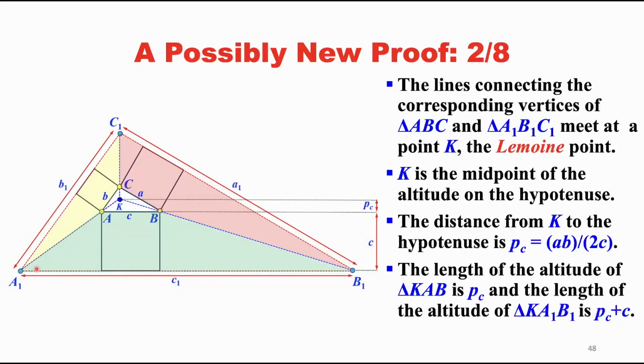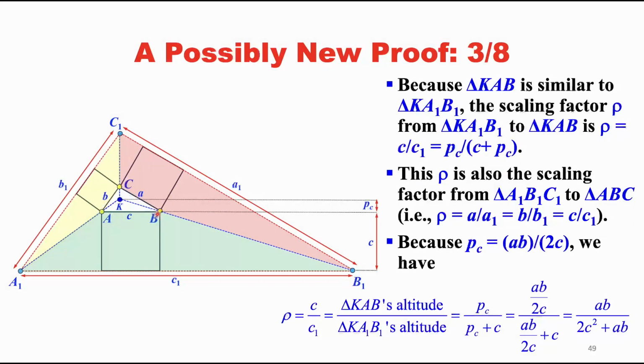For the triangle KA1B1, the altitude is the distance from K to side C1, which is equal to PC plus c. Because KAB and KA1B1 are similar, rho can be calculated as c over c1, which is also equal to the ratio of PC over PC plus c.